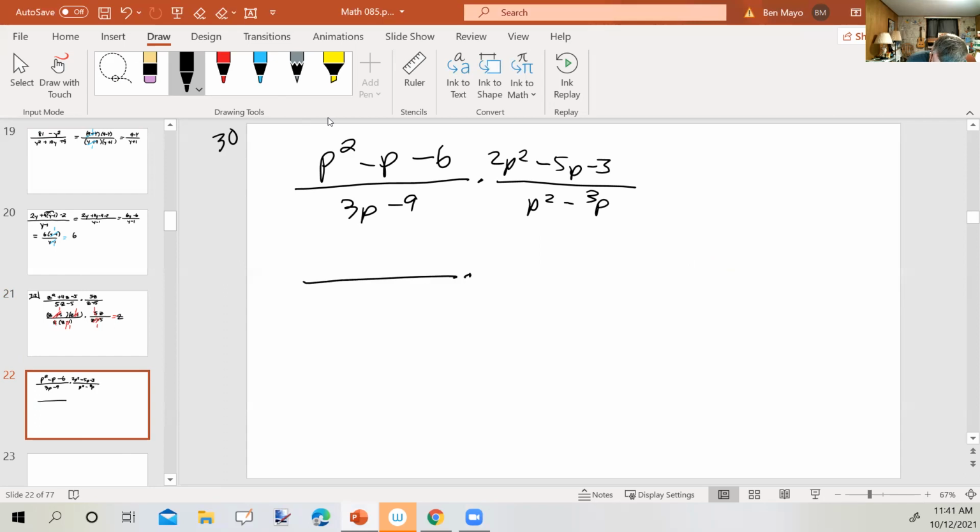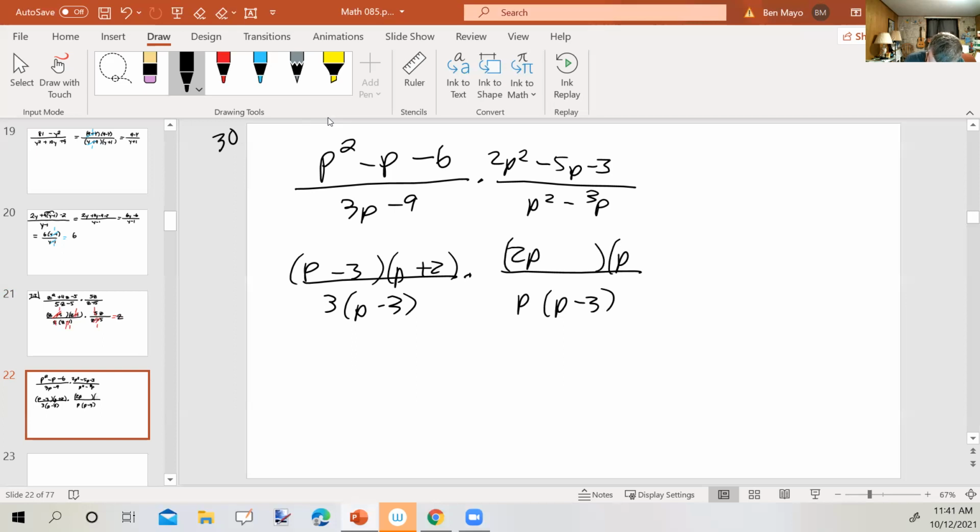So factoring everything, I get p minus 3 and p plus 2, taking out a 3, p minus 3. In the denominator, taking out a p, p minus 3, and I'm going to get 2p and p. And to get a 5, how about a minus 3 and a plus 1?